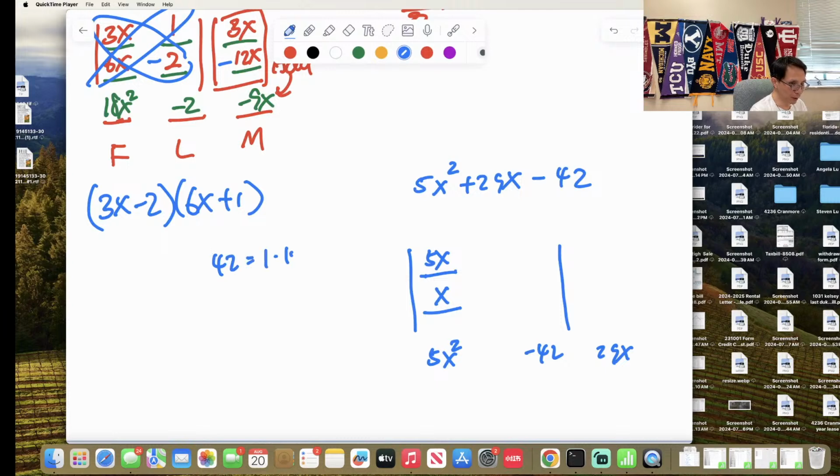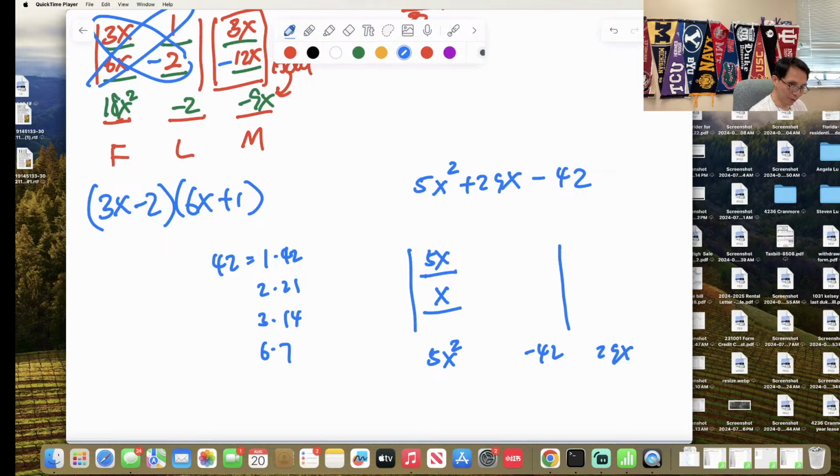However, 1 times 42, 2 times 21, 3 times what? 14. Next one's 4, 5, 6. 6 times 7. Which one's better odd? 6 and 7. Okay, so where do I want to place 6 or 7 or 7 and 6? Which way should you do it?